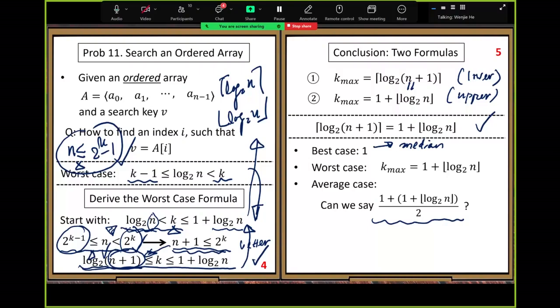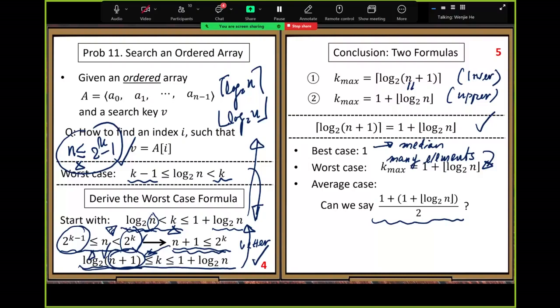So many elements correspond to the worst case. For the best case, only one element corresponds to it. For the worst case, there are many elements that correspond to it.